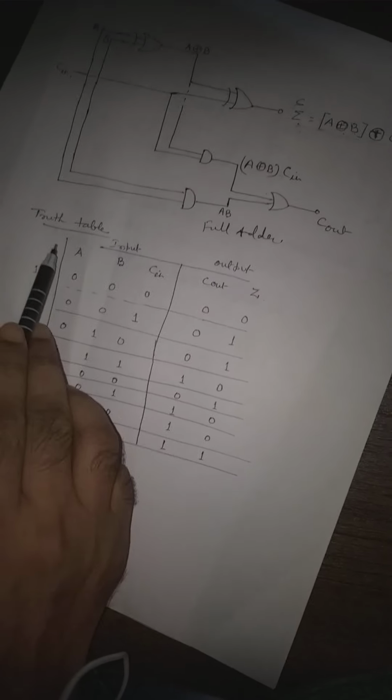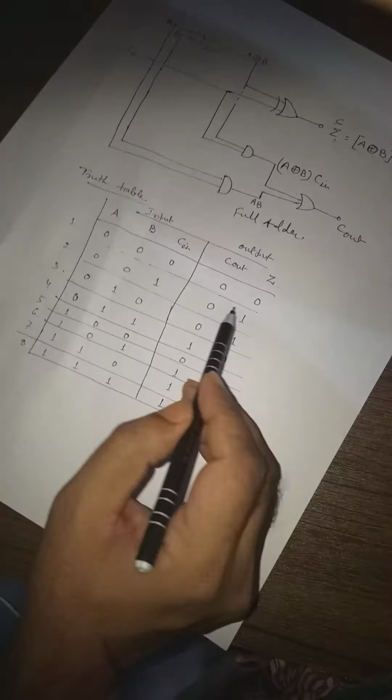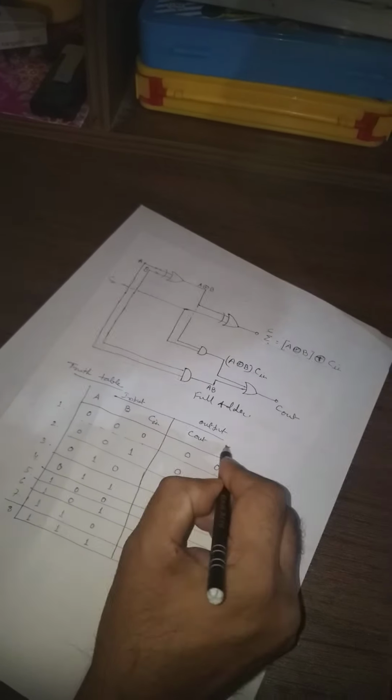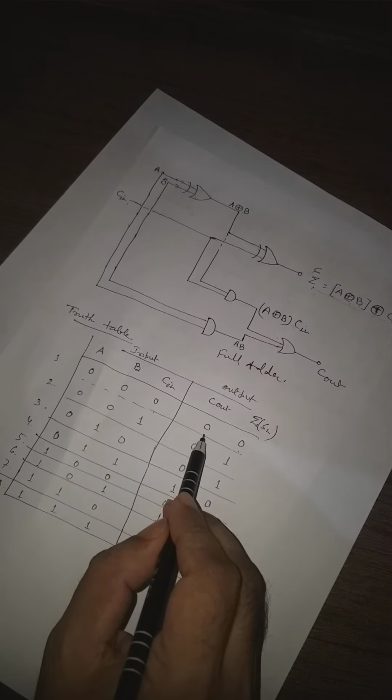Truth table of this full adder is also for the same eight combinations. There are three inputs and two outputs, and for this combination we get summation S equal to 0 and C output is 1. So this is your truth table of the full adder.